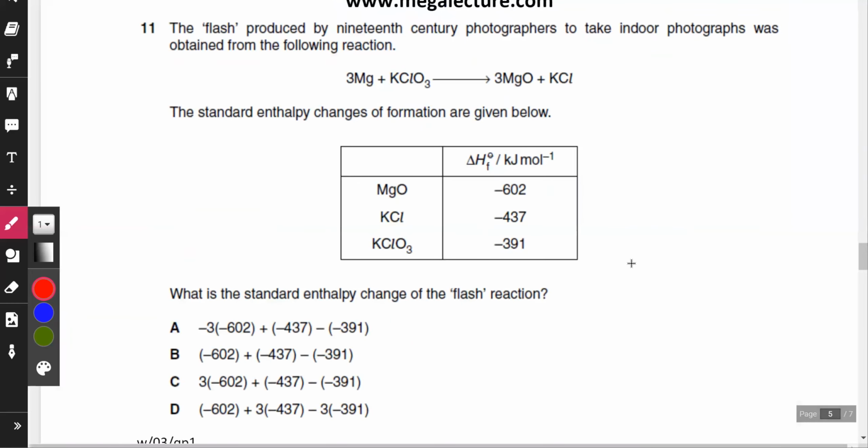Without doing calculation, which one of the expressions is the correct one? I think it's A.